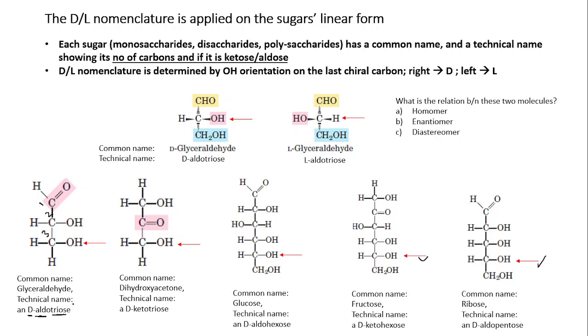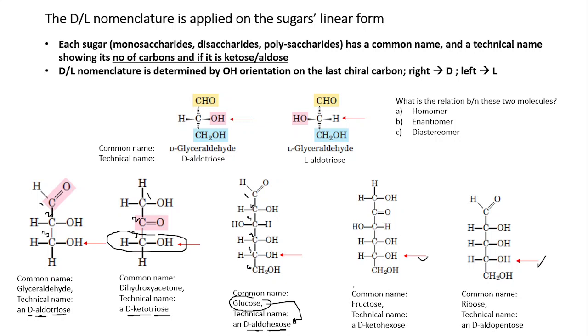For example, here this is 1, 2, 3. You can write this as D-ketotriose. D because of this carbon, and then keto and triose. Similarly, this is 1, 2, 3, 4, 5, 6. This is an aldehyde and this is a D. So D-aldohexose. This is basically glucose, but you can also write this as D-aldohexose.